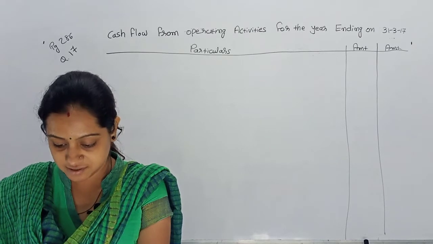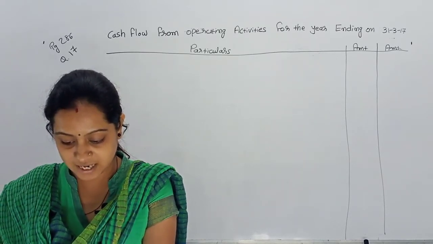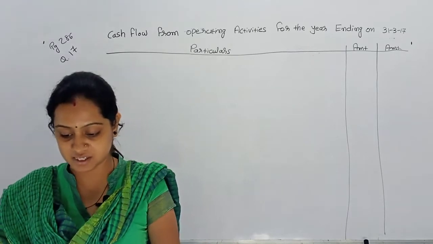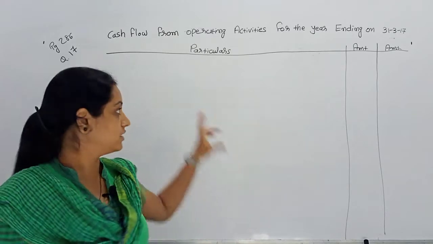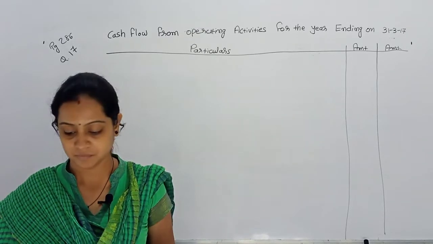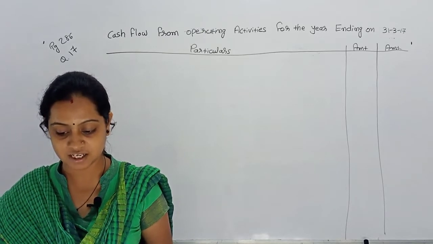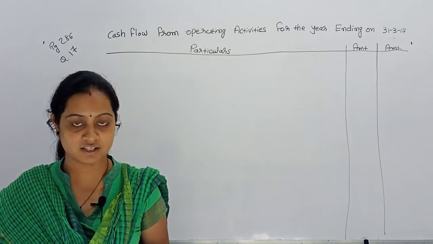P&L, general reserve, taxation provision, depreciation fund, goodwill, debtors, creditors, outstanding expense, prepaid expense. First is the profit and loss account. That will come in the beginning. Then general reserve, that is a provision. Then taxation provision, that is also a provision. Depreciation fund, that is a non-cash expense.